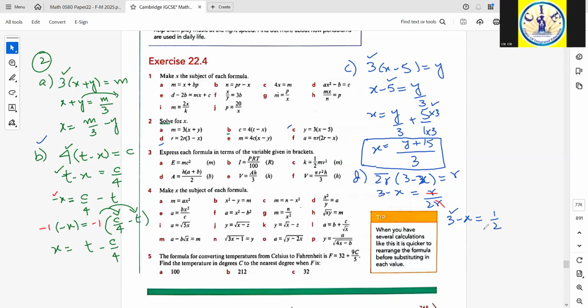Now I need to shift this 3 to the right side. Negative x is equal to 1 by 2 minus 3. And negative x now is equal to negative 5 by 2.